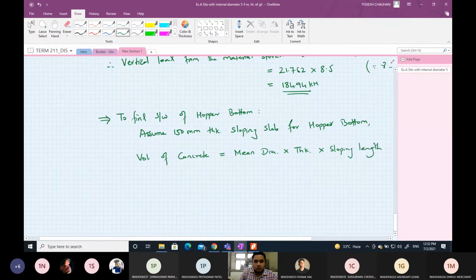So that will be the volume of this truncated cone.